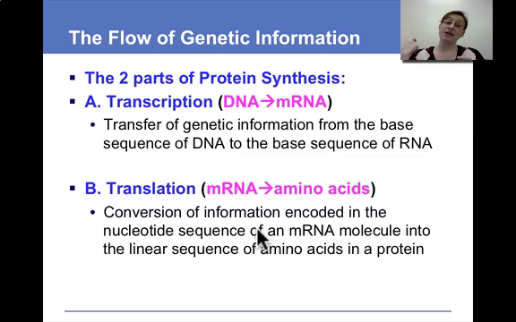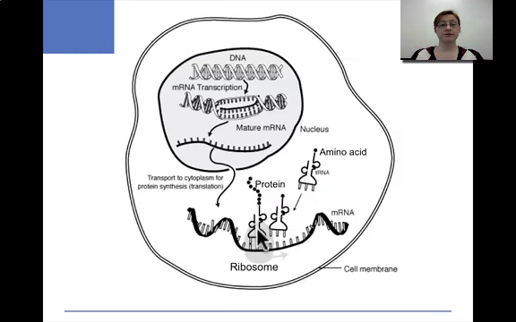And then that copy can leave the nucleus and go out into the cytoplasm where it can be translated, which is part B. And that's where we take the information that's in the mRNA and we convert it into a language that puts it into amino acids so that we can actually build our protein. So that's the big picture: DNA to RNA to protein.